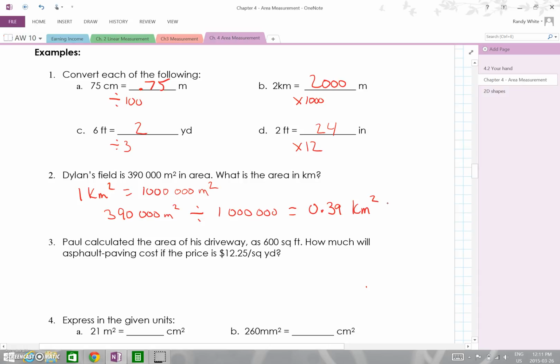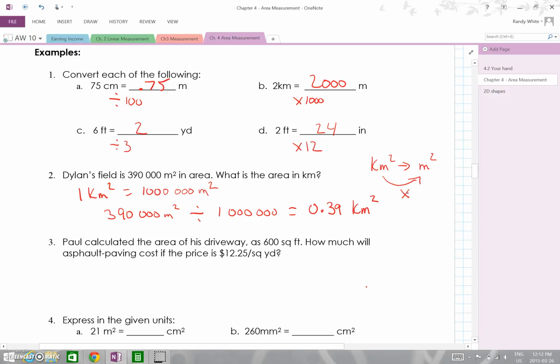A little trick here. Whenever they give you a unit on the left and a unit on the right, in this case I'm going kilometers squared to meters squared. When I'm going in the same direction as the arrow, that's when I'm going to multiply.